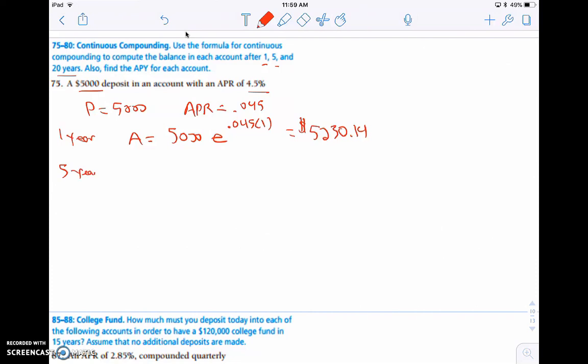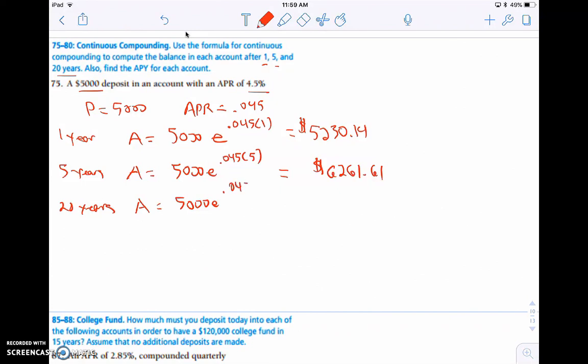Now, after 5 years, the only thing that changes here is we do 5,000 times e to the 0.045 times 5 power. So after 5 years, this thing is going to be worth about $6,261.61. And then after 20 years, again, the only thing we're changing from year to year is that exponent being multiplied by 1, 5, and 20.